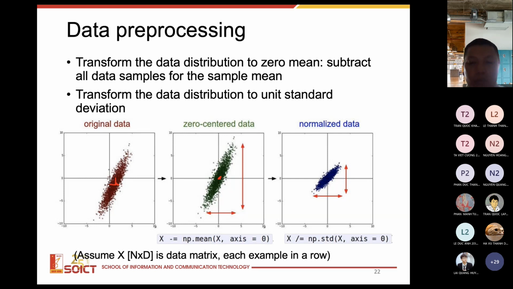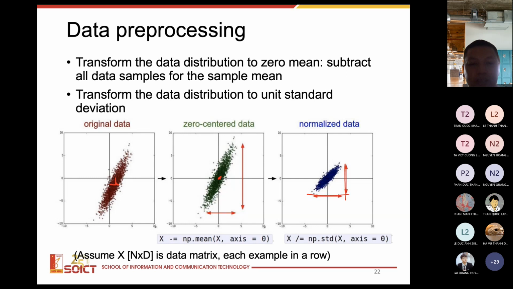We can also go further by normalizing the data to have a standard deviation equal to 1, so that we divide x by the standard deviation to reduce the scale of the data to be around unit.